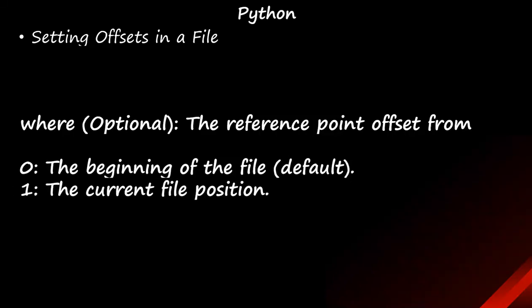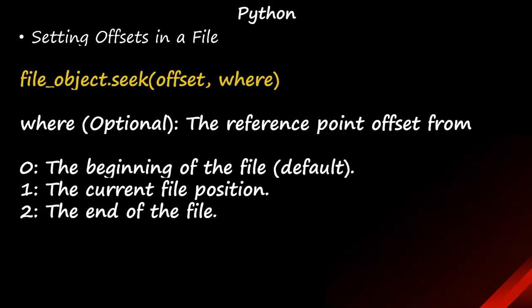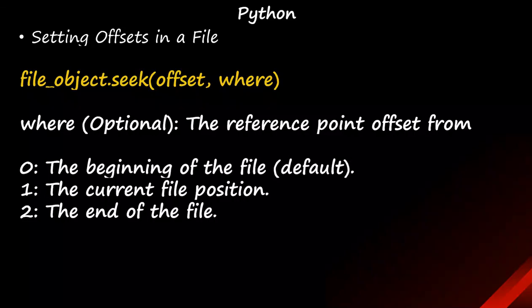1 is the current position, meaning while reading or writing, the pointer is pointing to the current location, and it will fetch the current location. And 2 will be the end of a file. So how do you get all these 0, 1, 2 pointers using the seek method?